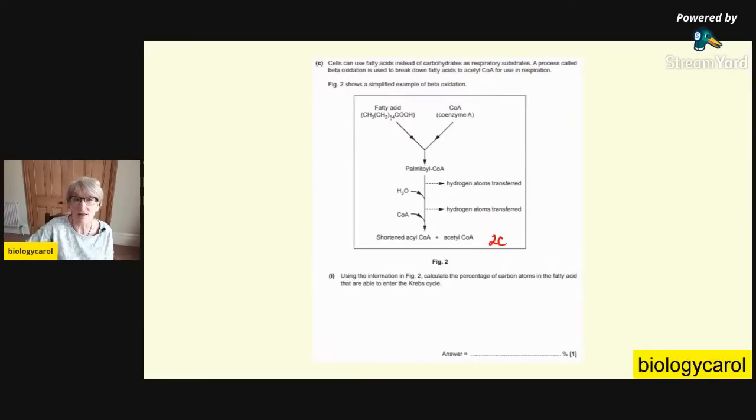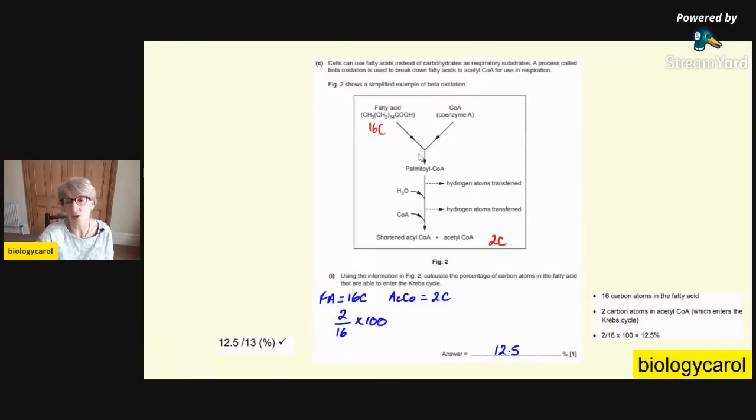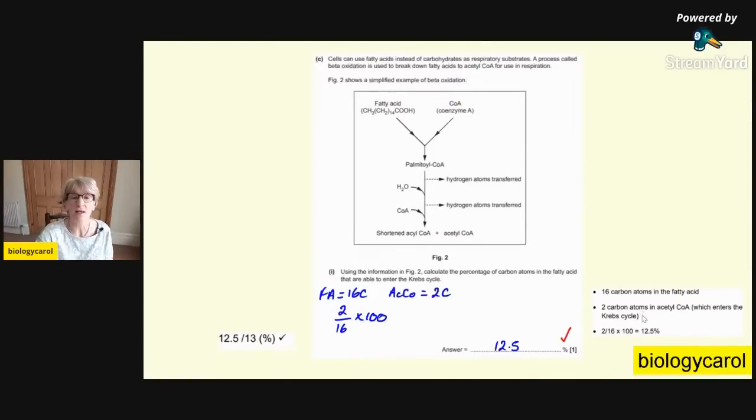Well, the fatty acid has got 14, so 15, 16 carbons. So the percentage of carbon atoms is 2 over 16 times by 100, which equals 12.5%. And I got the mark. And these notes very helpfully tell you exactly how to do the calculation.